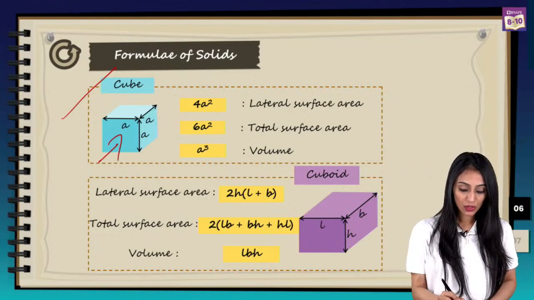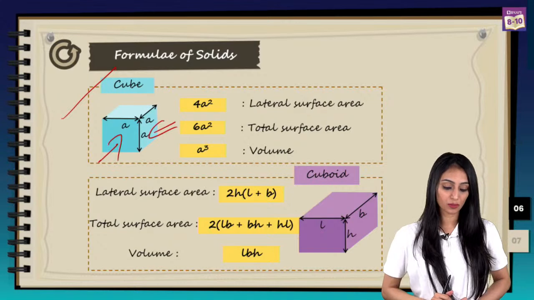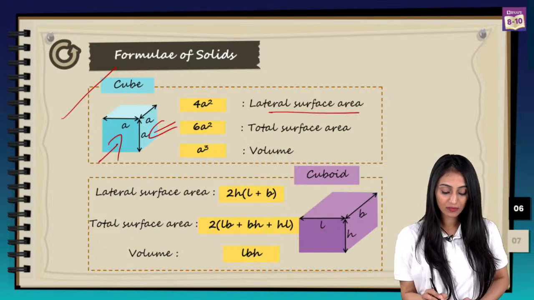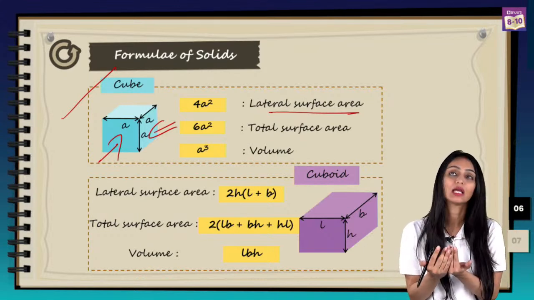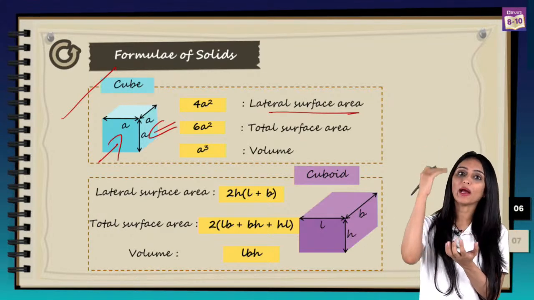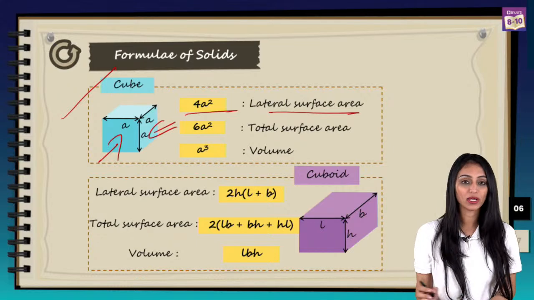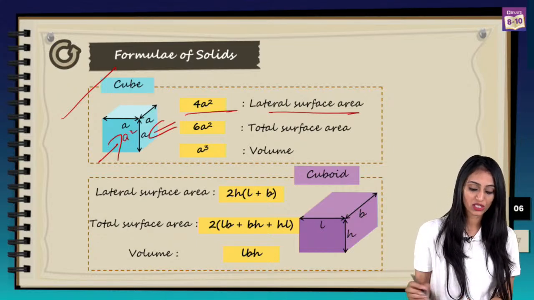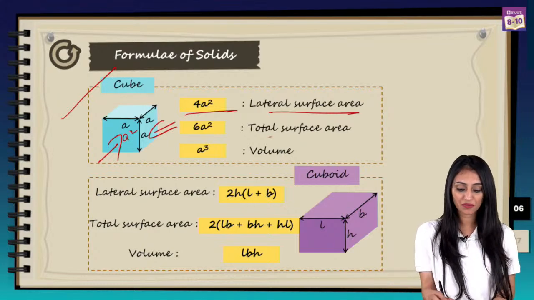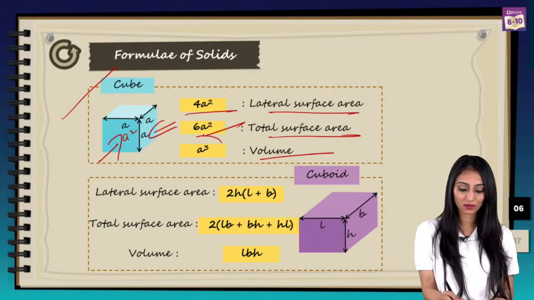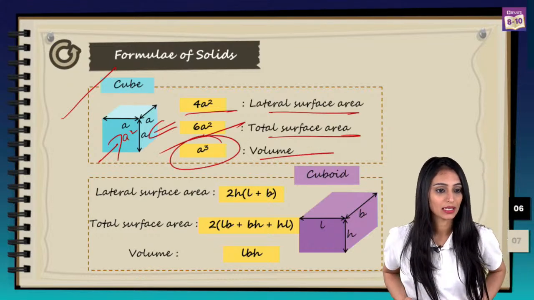Here each side is represented with A. Lateral surface area means the 4 faces of the cube, excluding the top and the bottom. Each face has an area of A square, so 4 faces means 4A square. Total surface area includes all 6 surfaces, that's 6A square, and volume is A cube. Simple one.